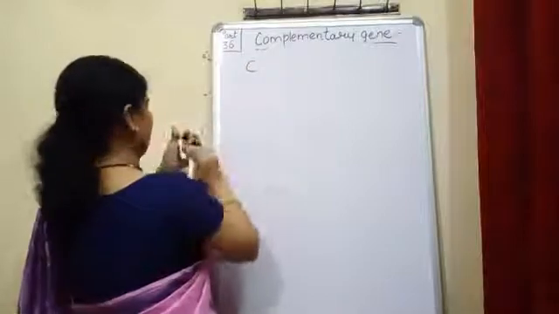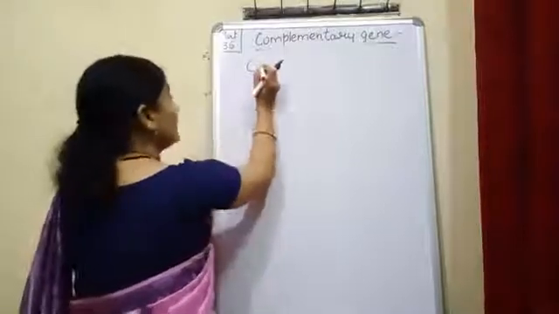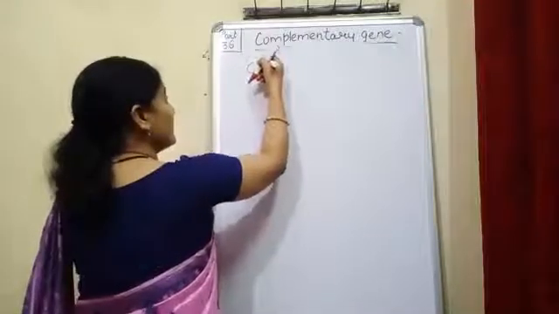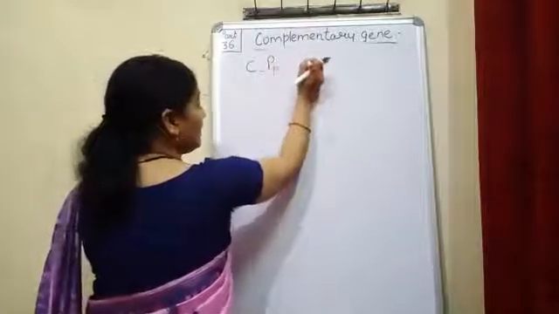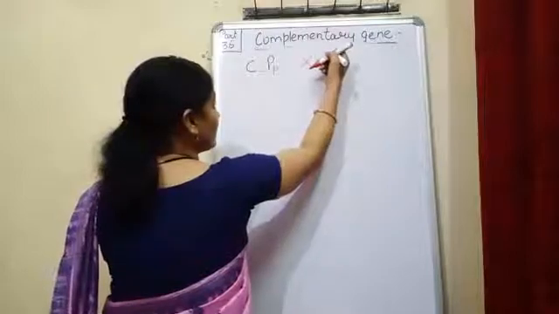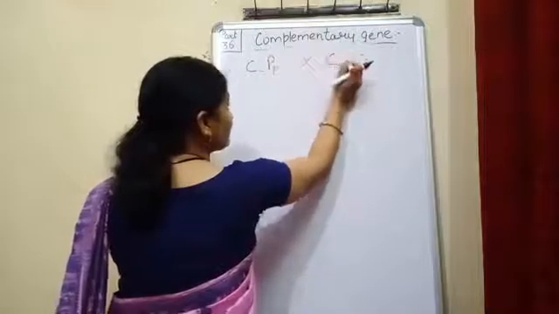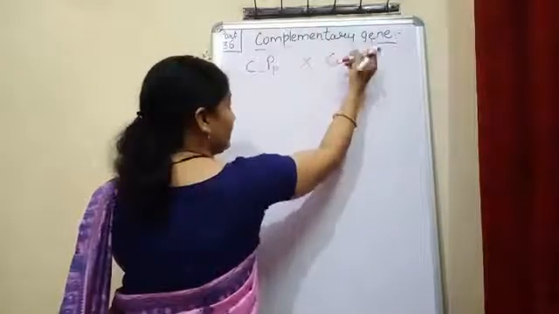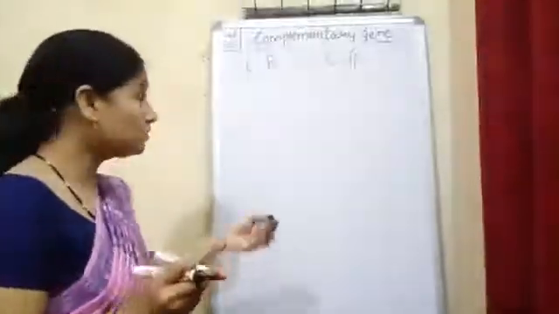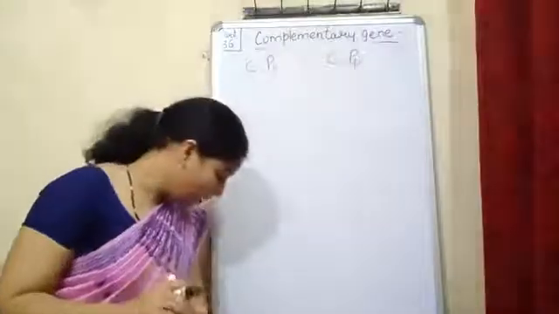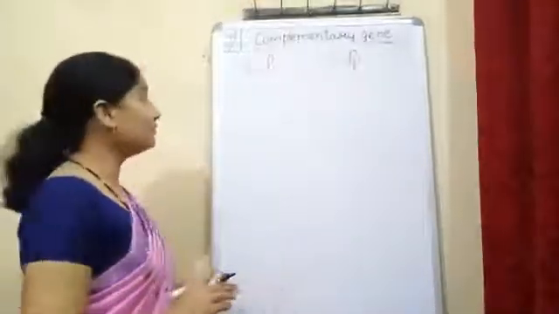Result is this. Then small c, capital P and small p will be crossed with capital C, capital P and small p. This is called as the selfing, because whatever offsprings we have got, we did the selfing of those.